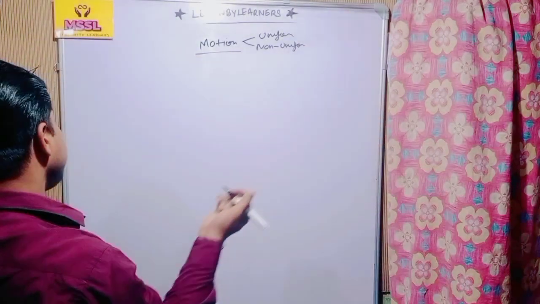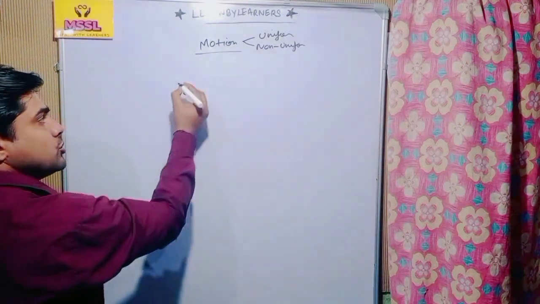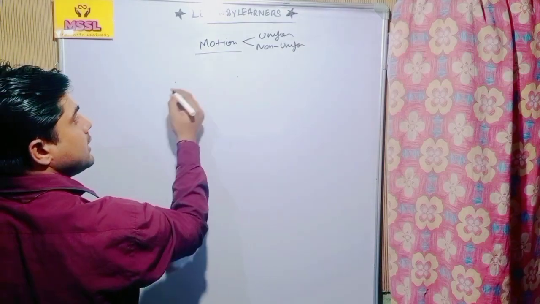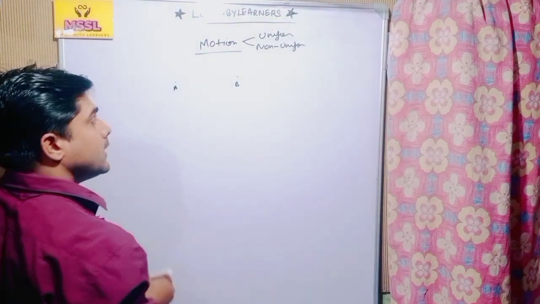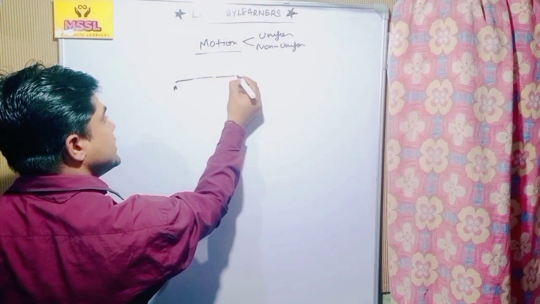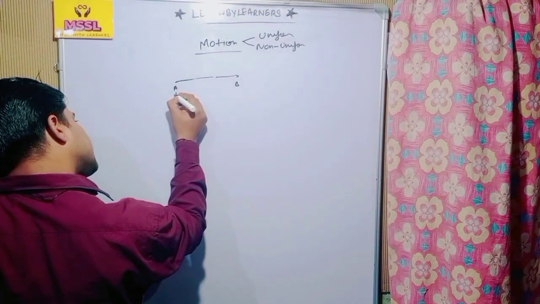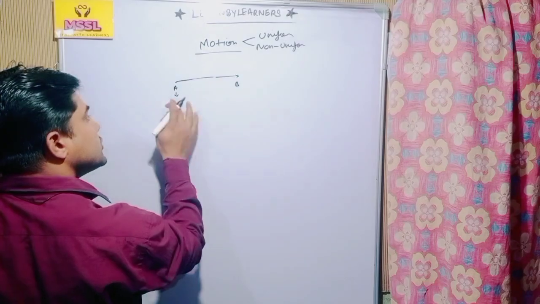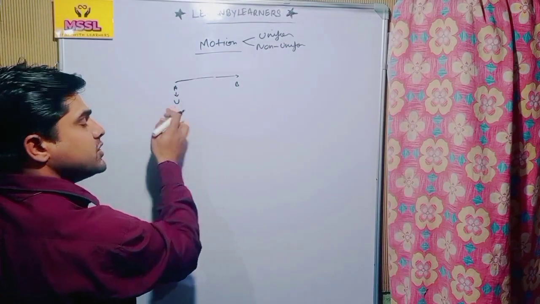For that we consider two points. Look carefully, the A and B points. The body starts from here and reaches here. So this was the initial position. From the initial position, the velocity is U, the initial velocity.